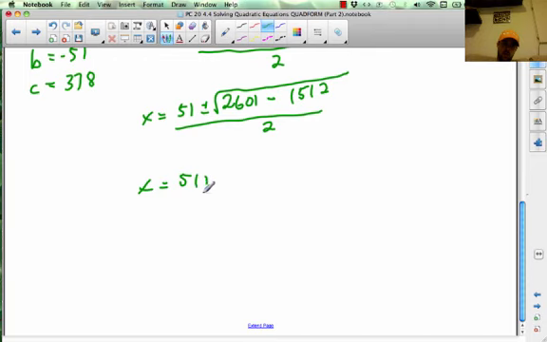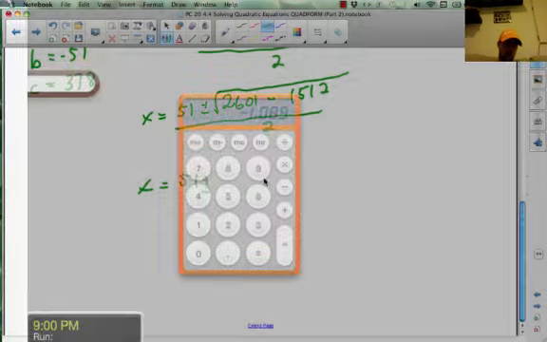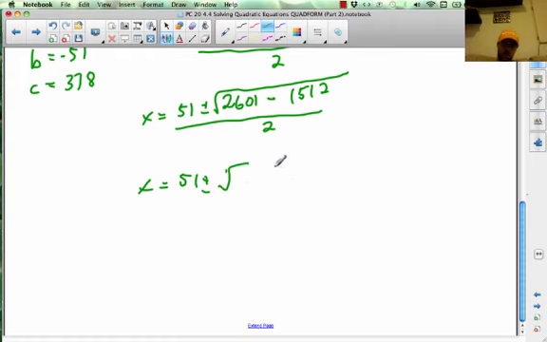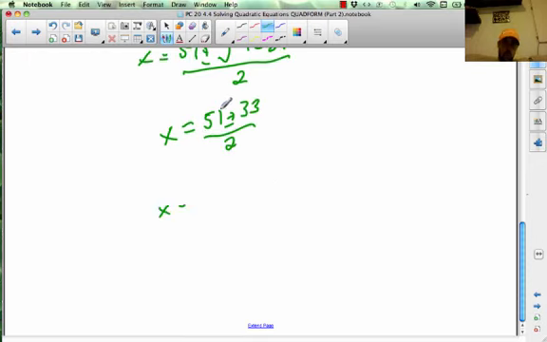x equals 51 plus or minus, 2601 minus 1512, so that's 1089. Square root of 1089 all over 2. So we'll check for the square root of 1089, and it is 33, all over 2. 51 plus 33 is one of your paths.